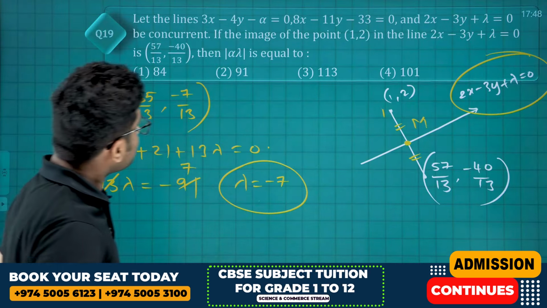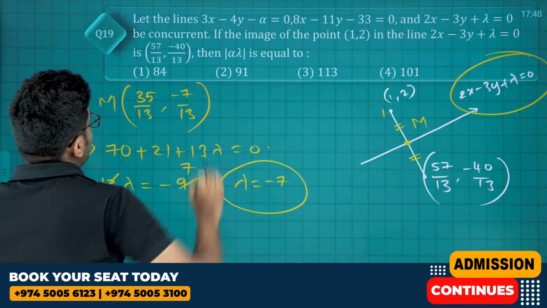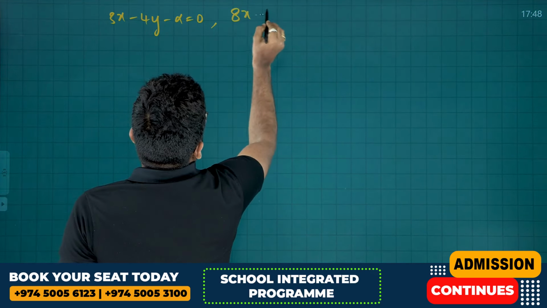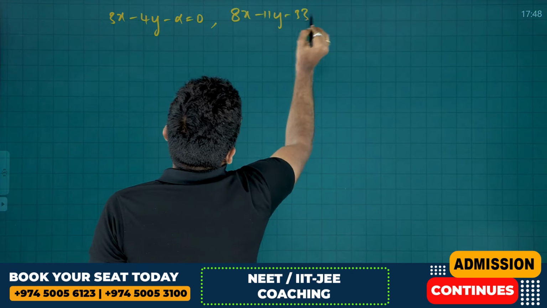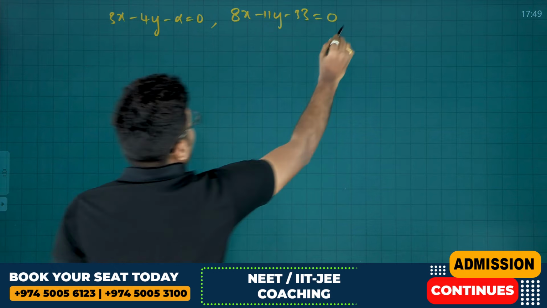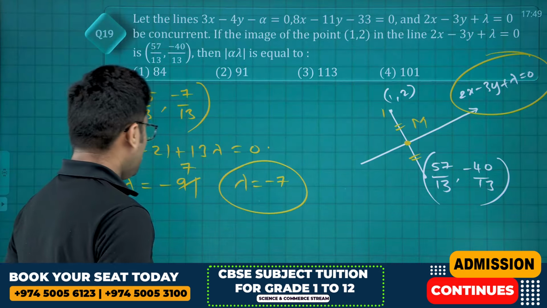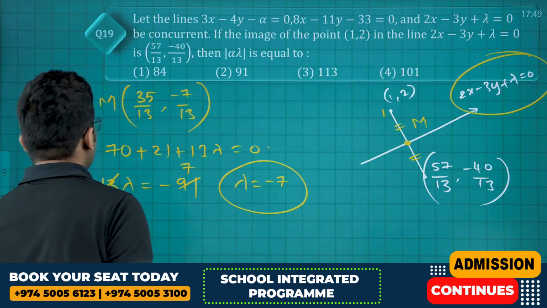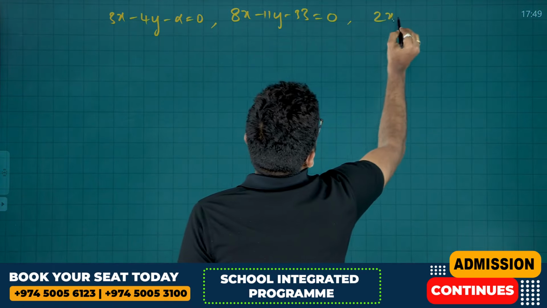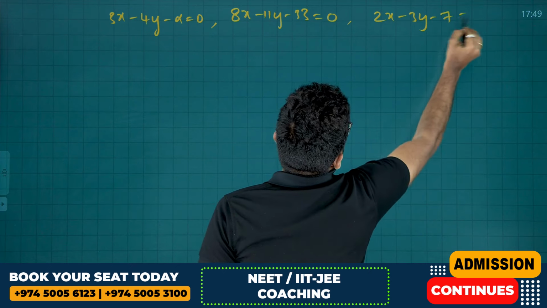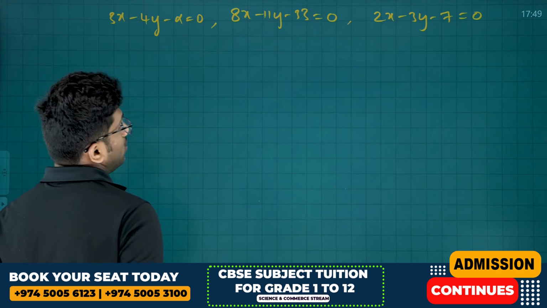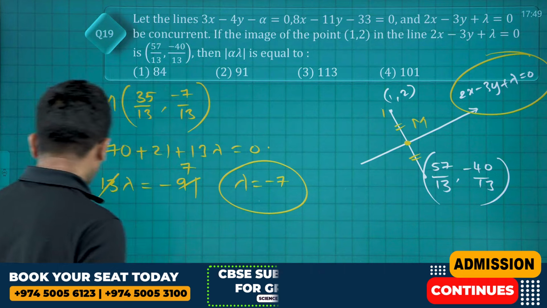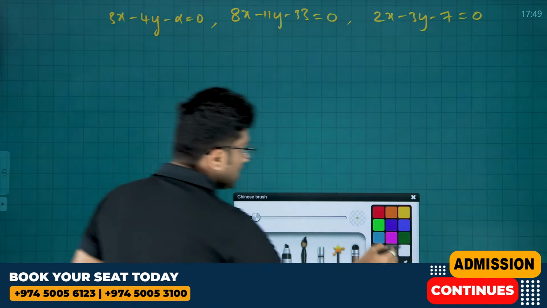Second line, 8x minus 11y minus 33 equals 0. And the third line, with lambda equals minus 7, is 2x minus 3y minus 7 equals 0.